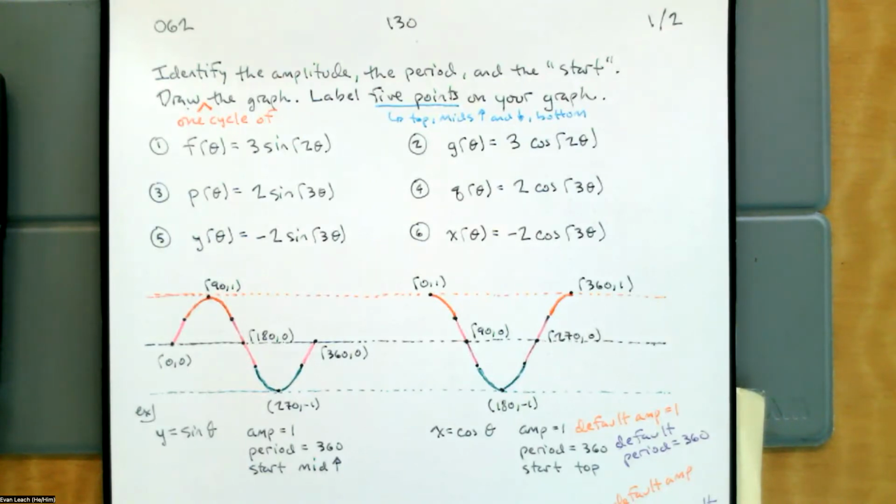So once you identify those 3 things, the amplitude, the period, and the start, we want to draw the graph using our proper technique, where we draw the middle points, the top and the bottom points, all evenly spaced, and putting our halfway points a third off the middle.